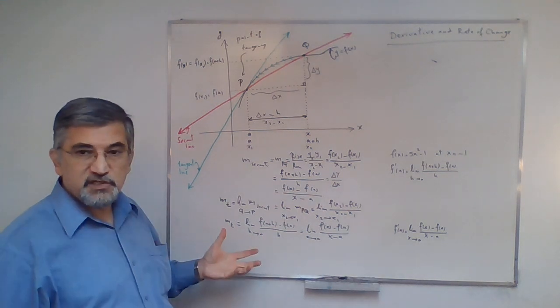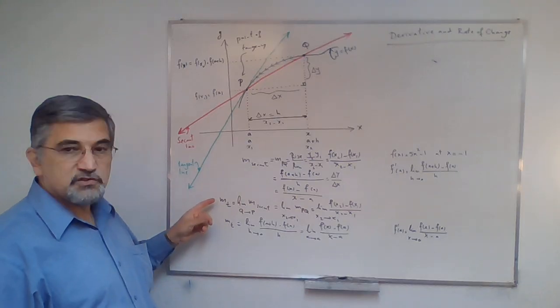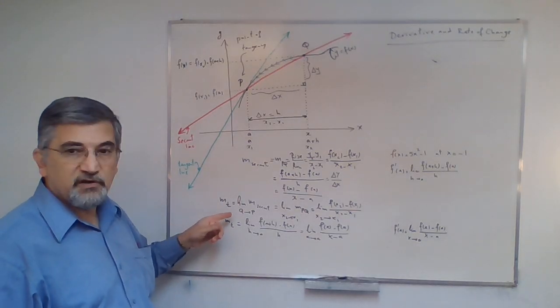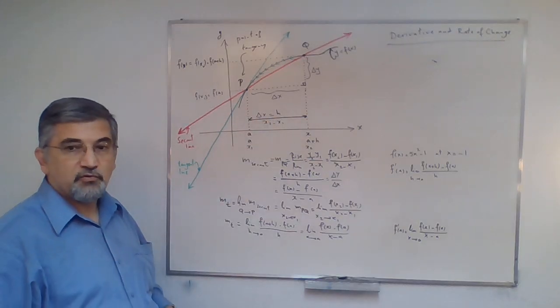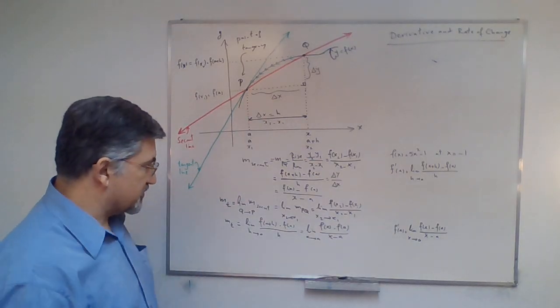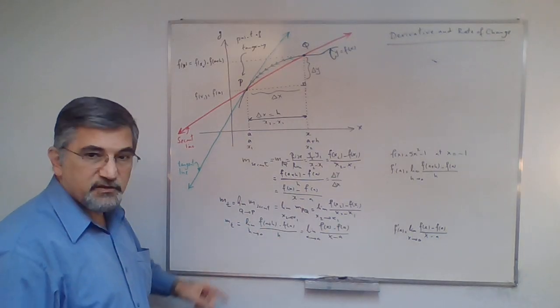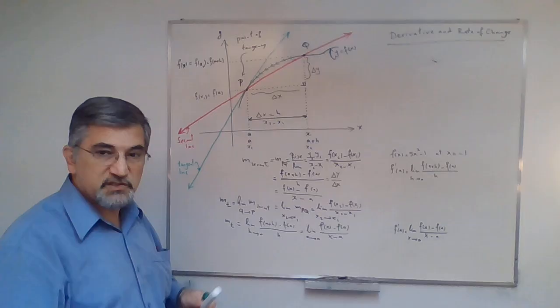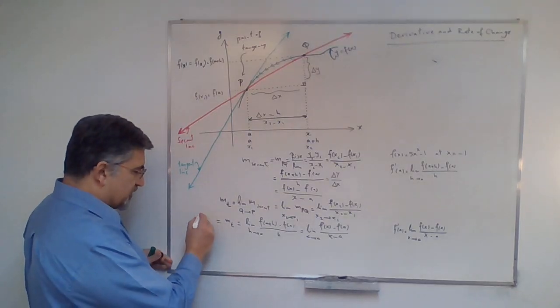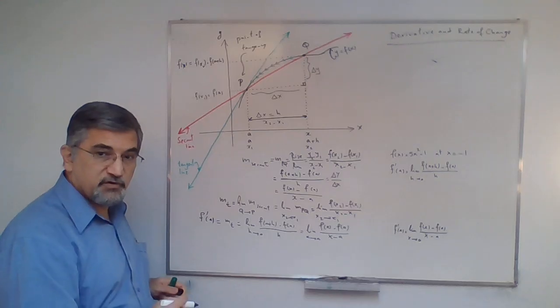We didn't know what a limit is, but now we are using this idea of limit, and we're saying that the slope of the tangent is nothing but the limit of the slope of the secant when h approaches 0, or when delta x approaches 0. So this limit, I think we have said in the past, has a famous name, and we call it the derivative of the function at the number a.